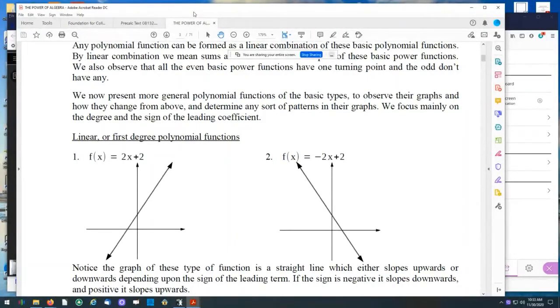Okay, now let's explore some more stuff about turning points, if you will. So here, now I'm adding. I'm not just looking at power functions, I'm adding things. Now if you notice my f of x with either a plus 2x or a minus 2x, if I just change that, it changes from increasing to a decreasing function.